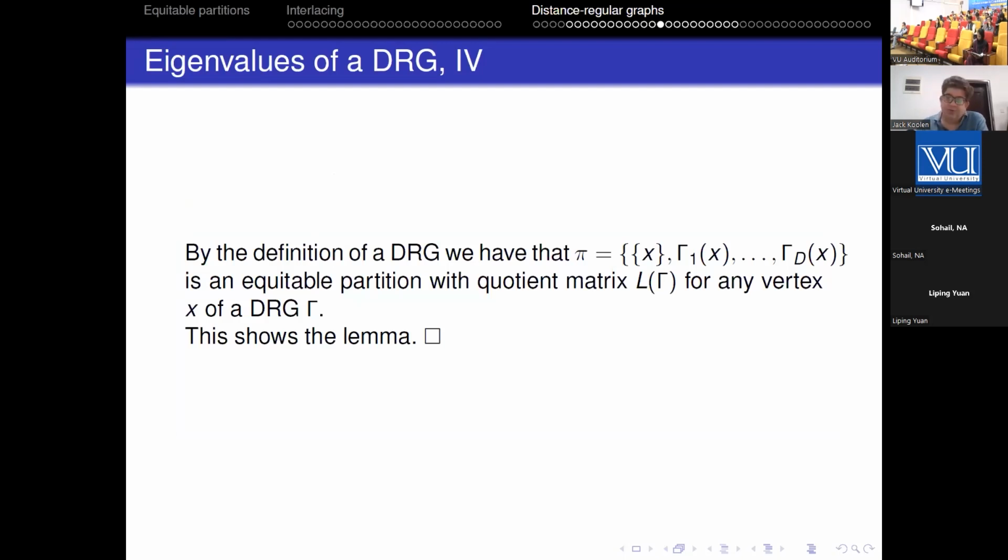Yes, because it has the singleton X. For every X we have this partition. Maybe I should have called it pi of X. Yes, then you see that for every X you have a pi of X. Yes, so that shows the lemma. So it is very easy.